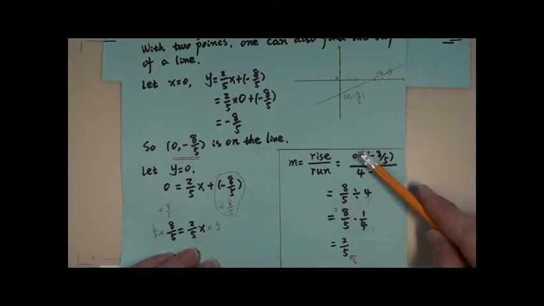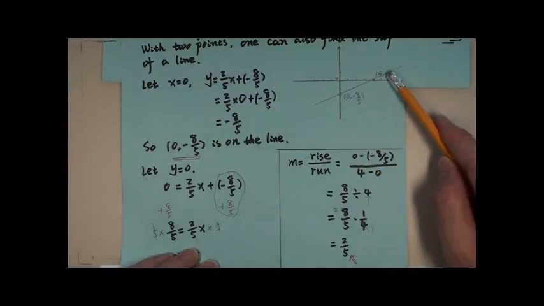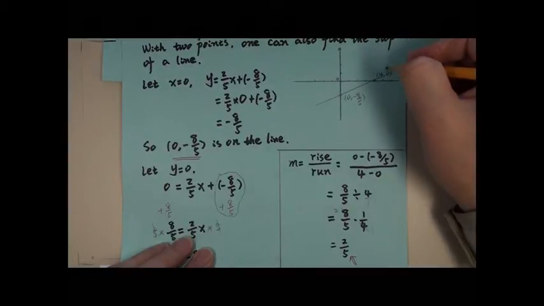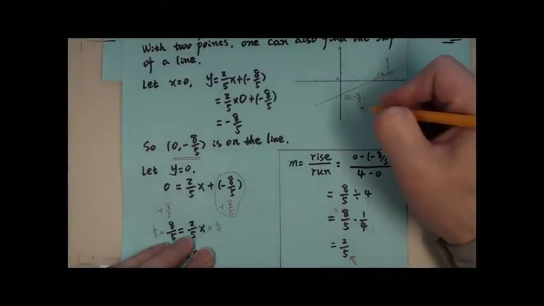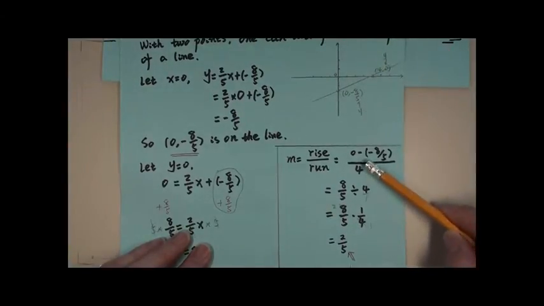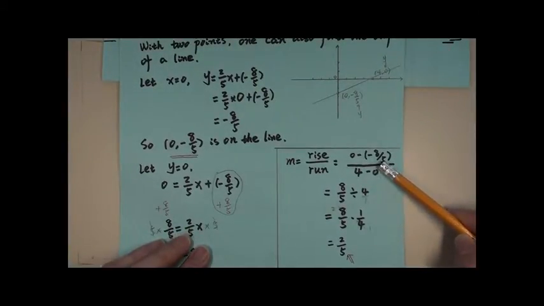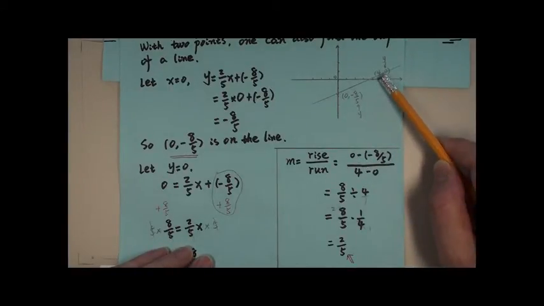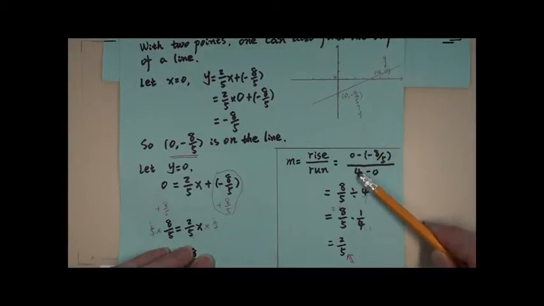Rise is the difference of y, so it's 0 minus negative 8 over 5. And 4 minus 0 is the difference of x. That's the run, the horizontal distance.